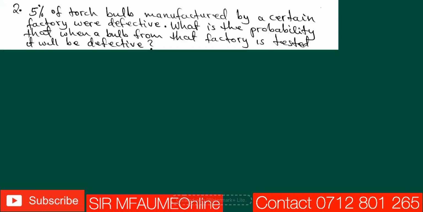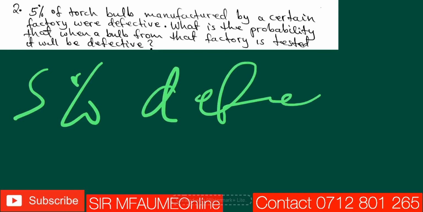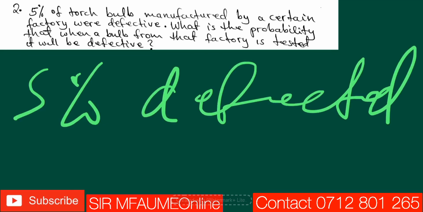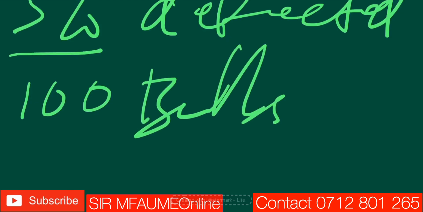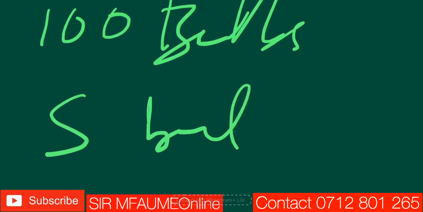Okay, for this one now, it is said that 5% of the torch bulbs manufactured by a certain factory were defective. What is the probability that when a bulb from that factory is tested, it will be defective? He says that 5% of the bulbs are defective. So what does it mean? If 5% of the bulbs were defective, this means within 100 bulbs, 5 bulbs are defective.